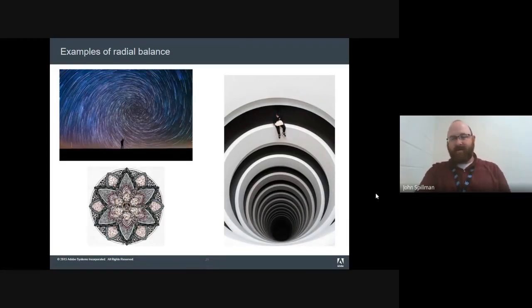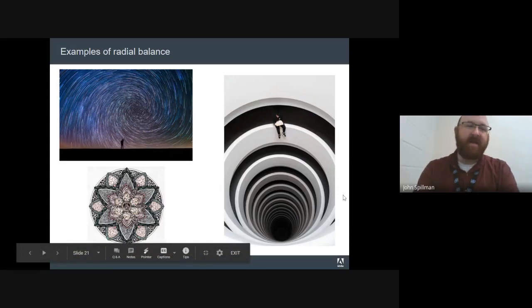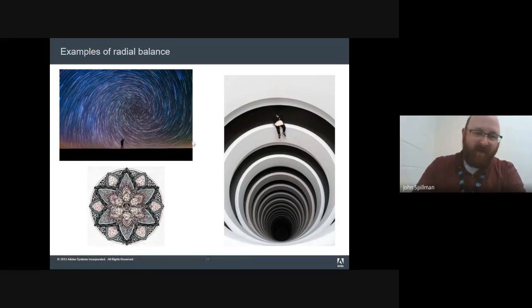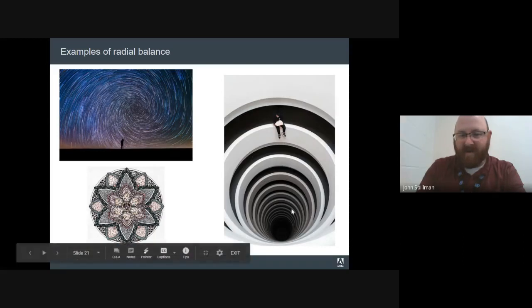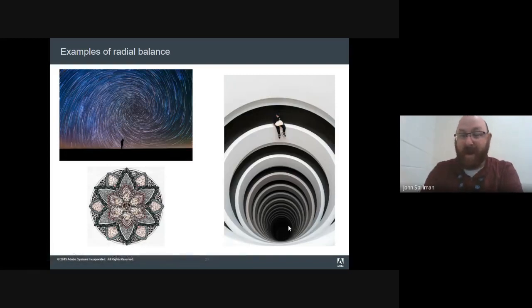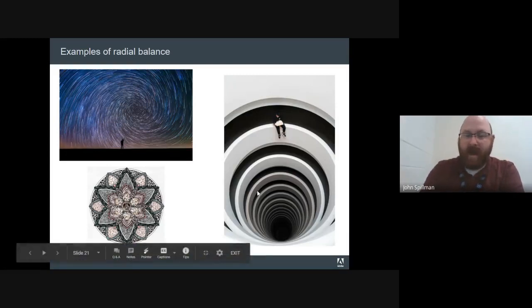Next, we have radial balance, and this is going to be pretty easy to pick out, right? If you have a circular object or composition happening, then that's probably going to be radial balance. So you can see here kind of the swirling effect with tracking stars. We have this parking garage, definitely photoshopped here because I don't know of any that go that far into the ground or that tall. But this would definitely be radial balance as well.